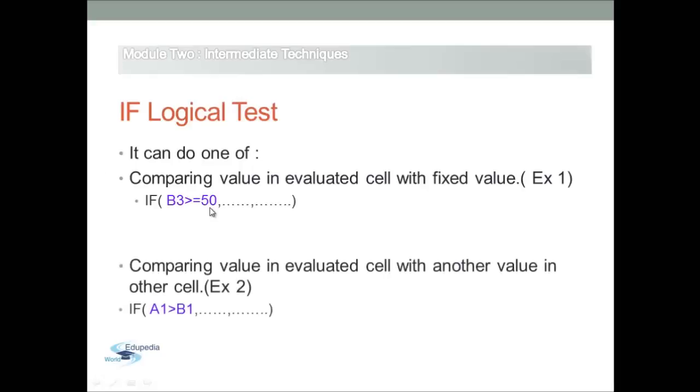Now we are going to take another example for the logical test, in which we are comparing two variables together, comparing the value in the first cell with another value in another cell.